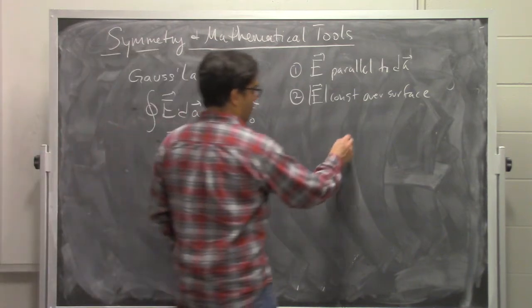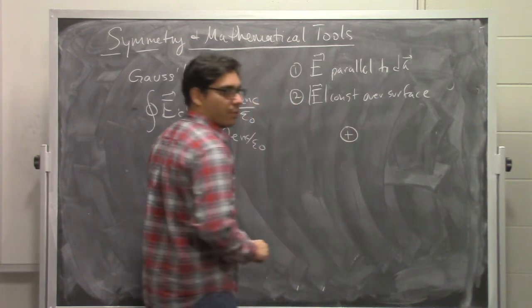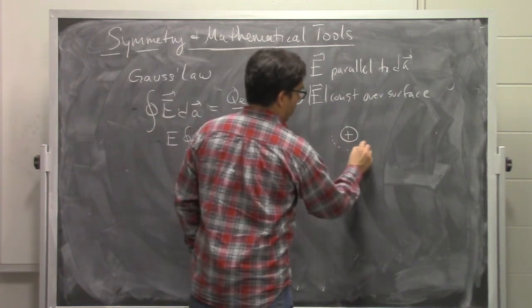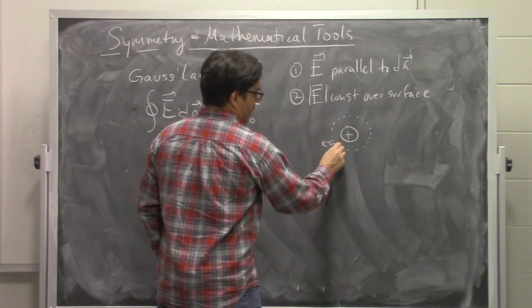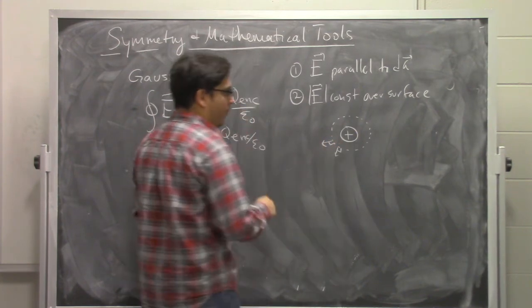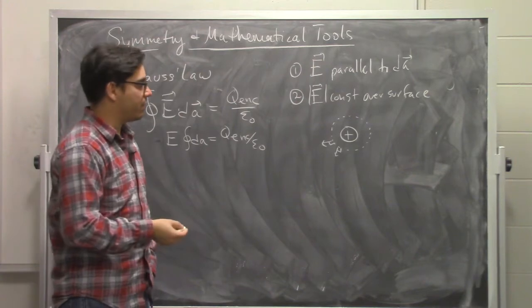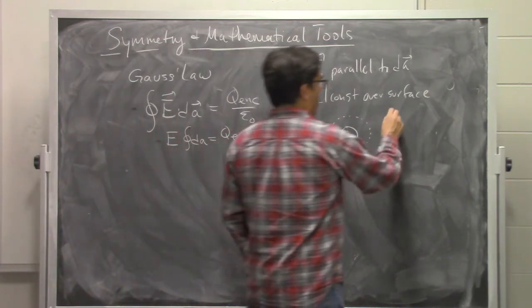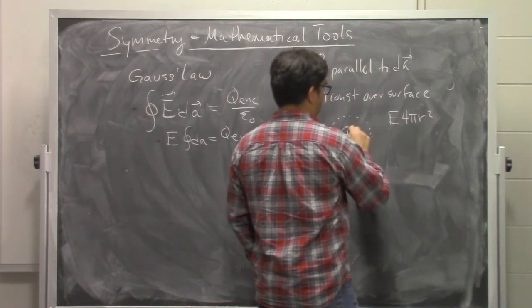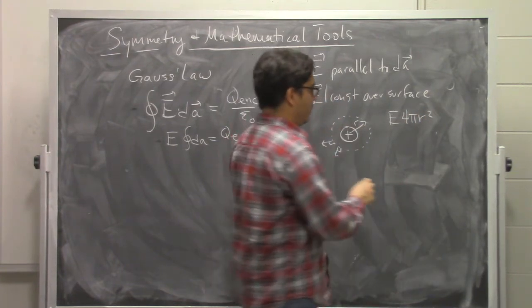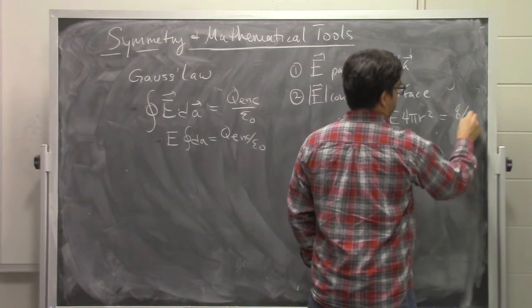So if we think about a plus charge sitting somewhere, what we would often do is draw a Gaussian surface around it. And the electric field we would know is perpendicular to the surface everywhere, or parallel to the area vector everywhere. As a result, the electric field times the surface area of that sphere is equal to the total enclosed charge divided by epsilon 0.